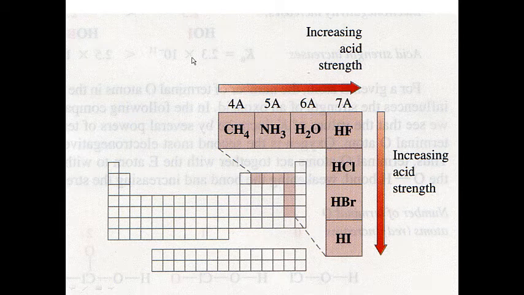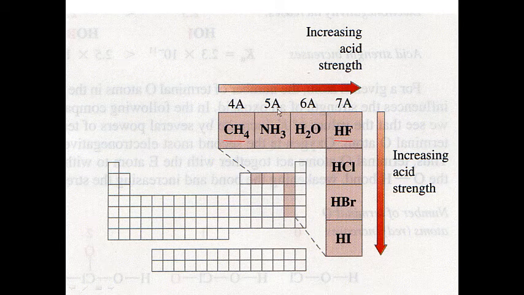And it turns out that as we go across the periodic table, and we're just looking at the main group elements here that are important for organic, as we go from left to right on the periodic table, we have increasing acid strength. So HF is a stronger acid than CH4. Water is a stronger acid than NH3. Remember, NH3 to be an acid would have to protonate water and become NH2 minus. Not going to happen.